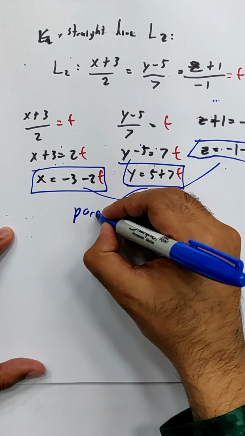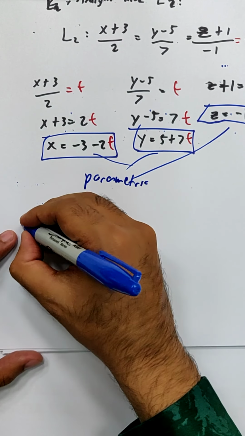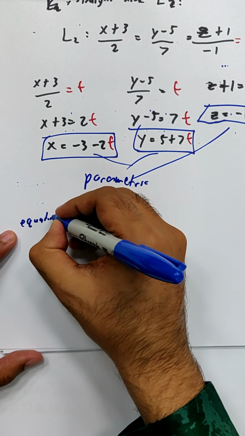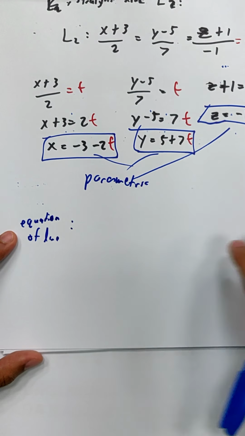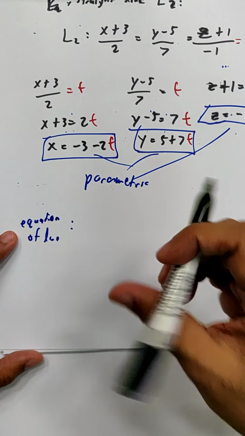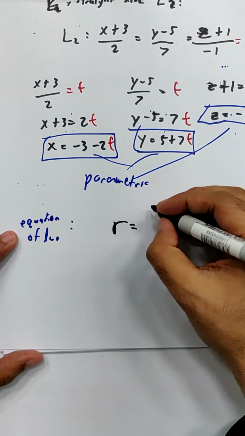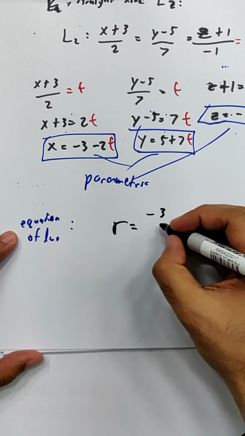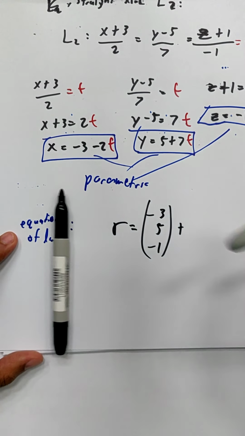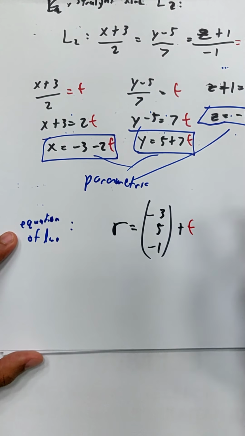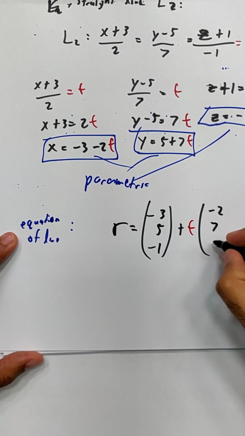So now this is what we call parametric. Now you want to write it down as the equation of line. So the x, y, z, we write it down as r equals (negative 3, 5, negative 1), please take them in order, plus t (2, 7, negative 1).